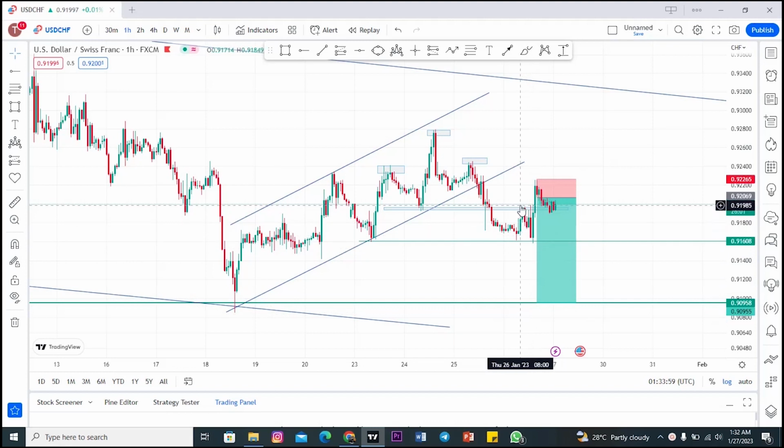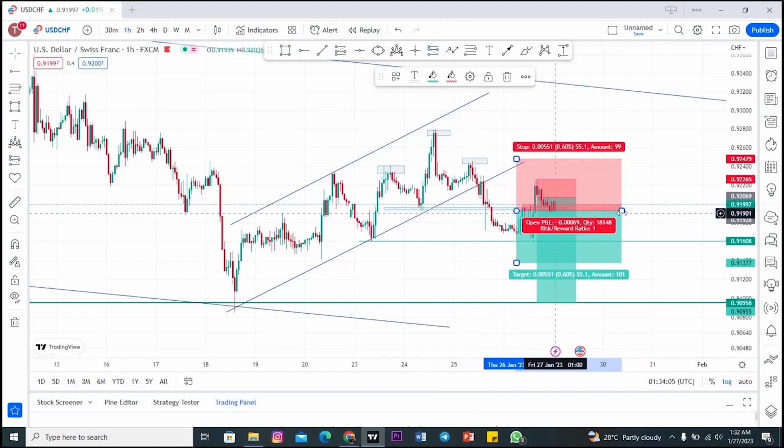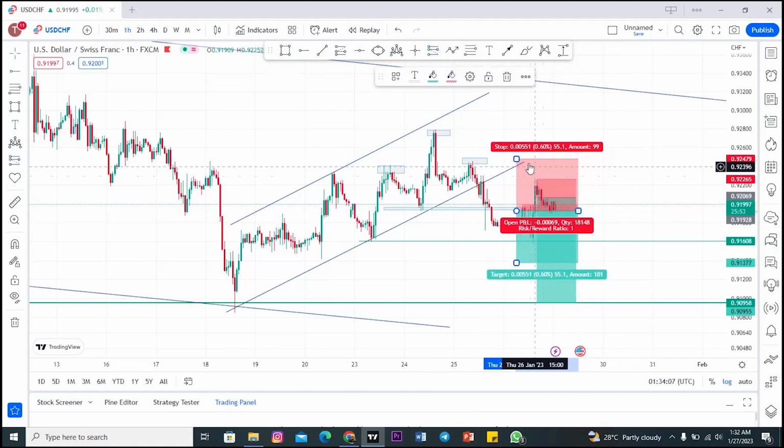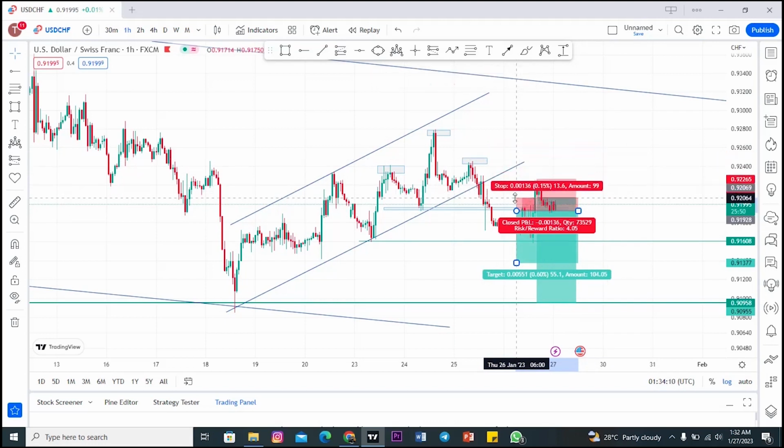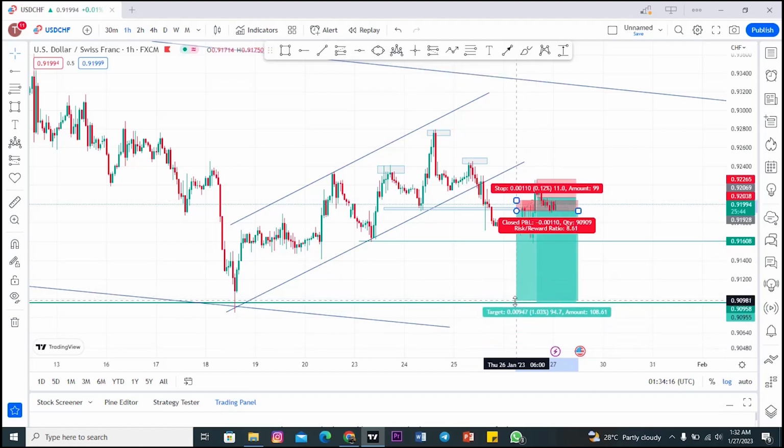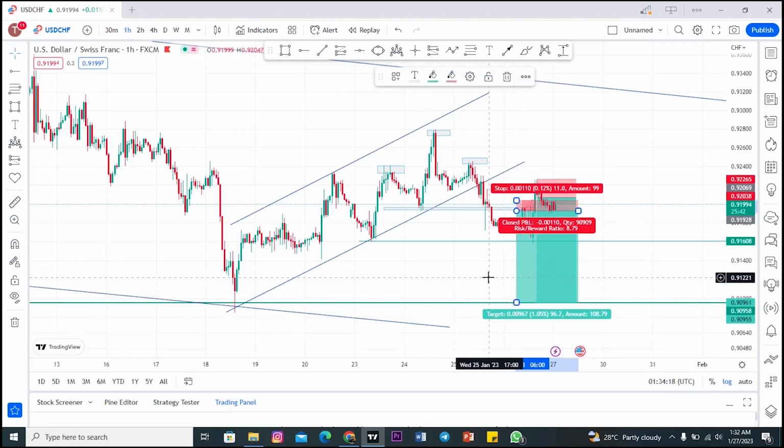But as I placed my sell right here, price just moved a little bit in my favor. My stop loss was very small. Then I was waiting for price to push all the way to this side.